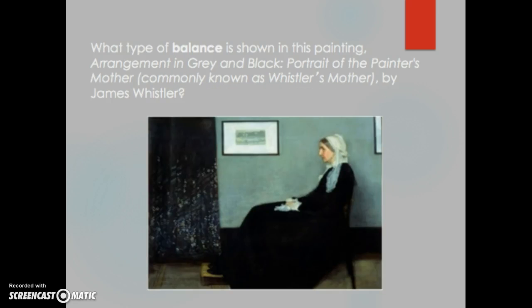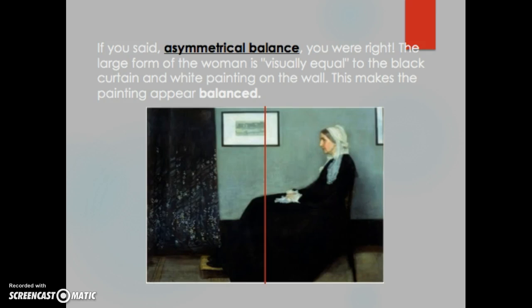How about this one? What kind of balance is shown in James Whistler's painting? It's more commonly known as Whistler's Mother, if you've ever seen this, but the formal name of this painting is Arrangement in Gray and Black, Portrait of the Painter's Mother. Anyway, what kind of balance is shown here? If you said asymmetrical, you are correct.